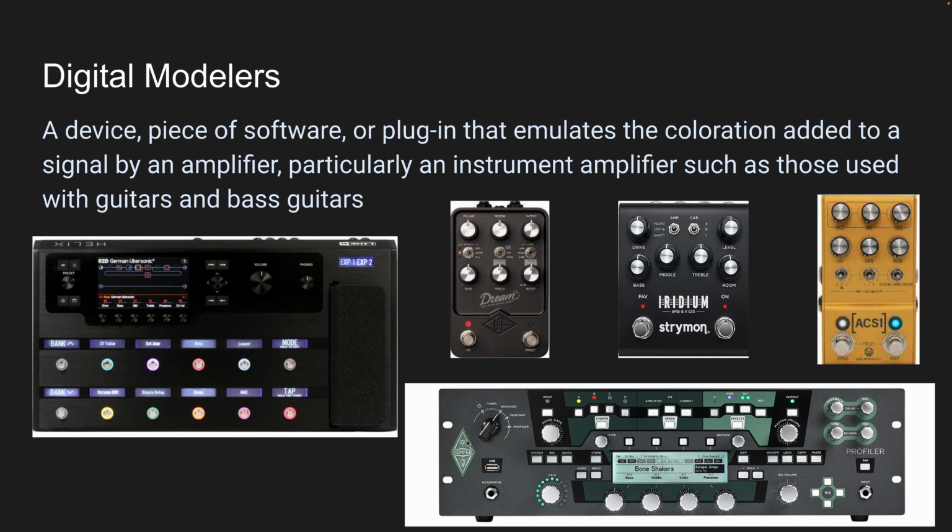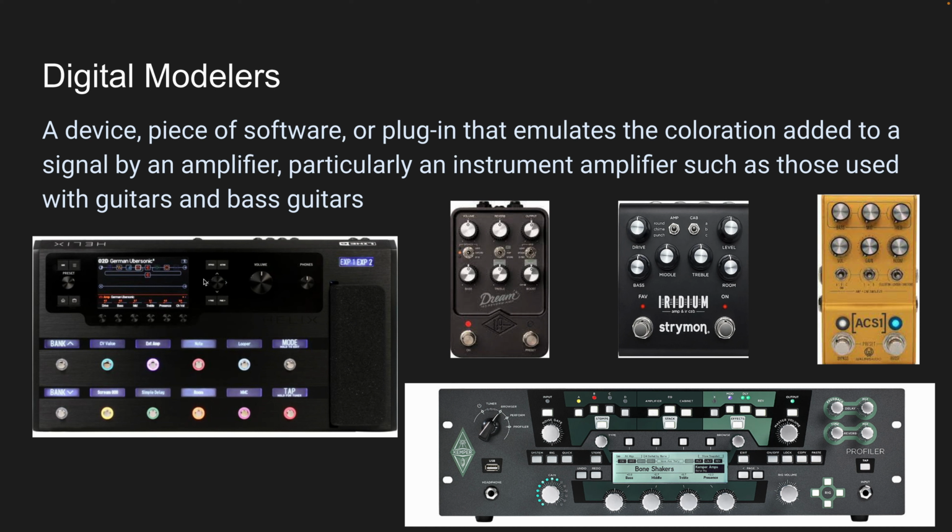So these are kind of different in their functions. This is more of an all-in-one box. These are more used in configuration with other pedals and things like that. Kind of both of these are used in that way. And now this does have some effects built into it as well.